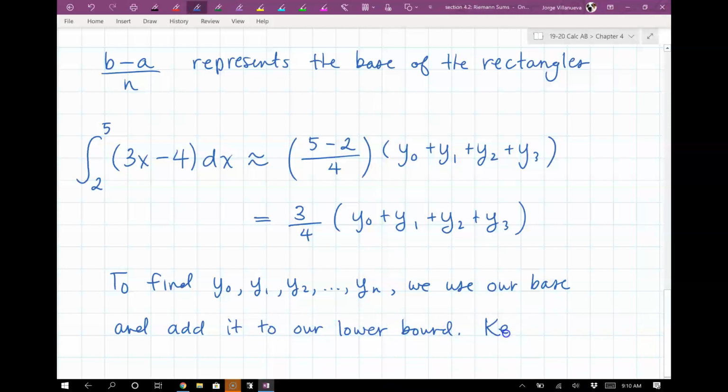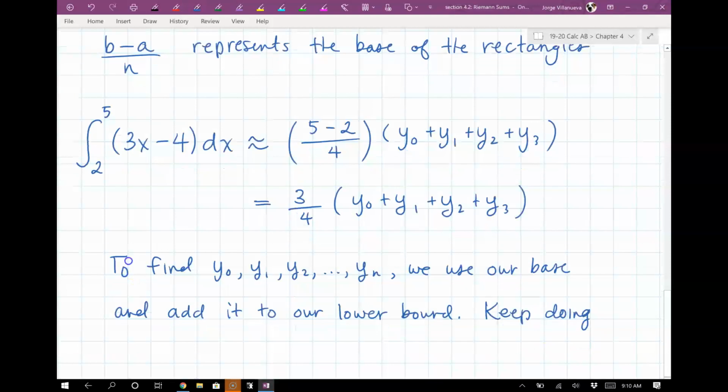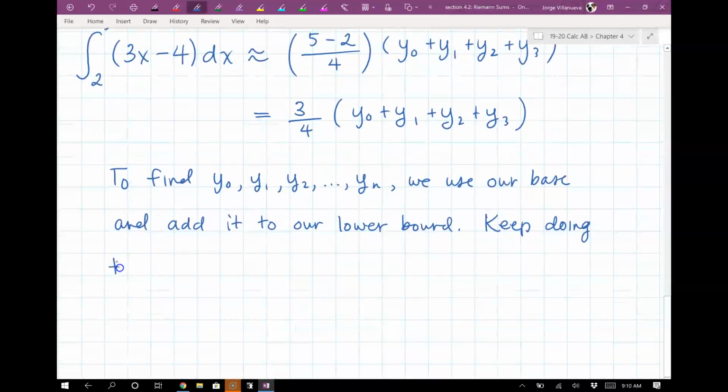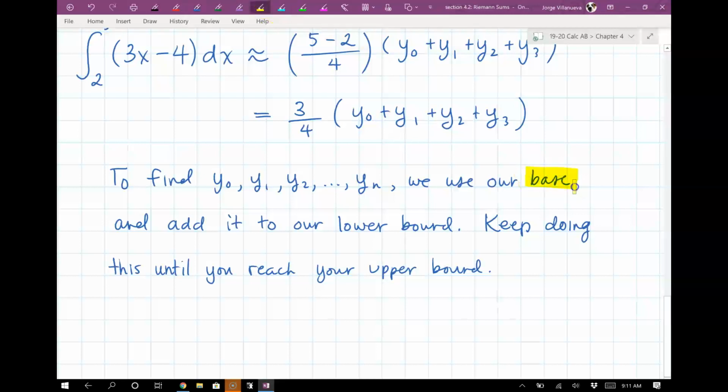Okay, and then I'm going to say keep doing this until you reach your upper bound. So to find your y values, you're going to start with your lower bound and keep adding your base. Okay, keep adding your base.